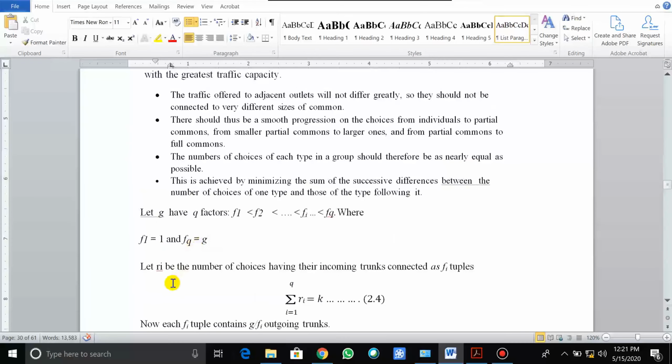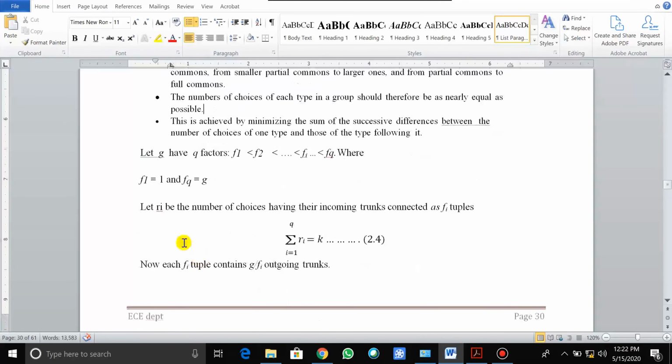Let G have q factors, where f1 is less than f2, which is less than f of i, which is less than f of q, where f of 1 is equal to 1 and f of q is equal to G. Let R of i be the number of choices having their incoming trunks connected as f of i tuples.